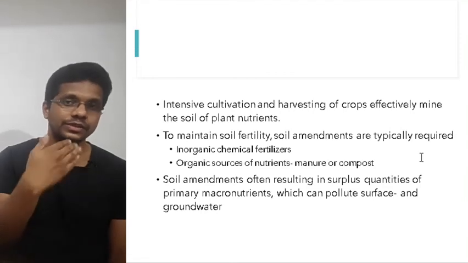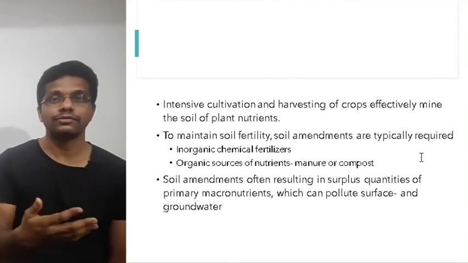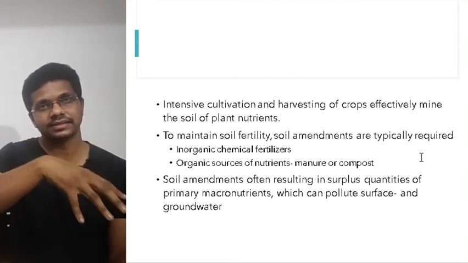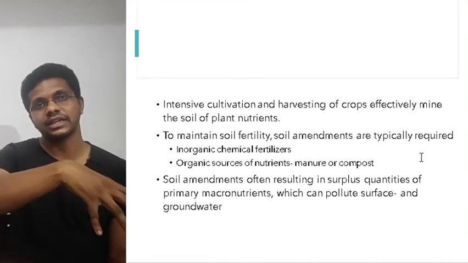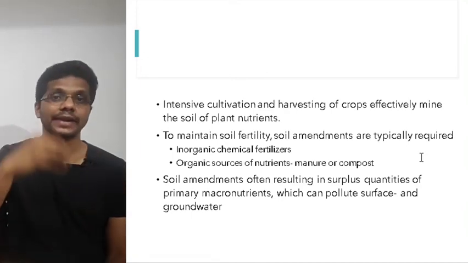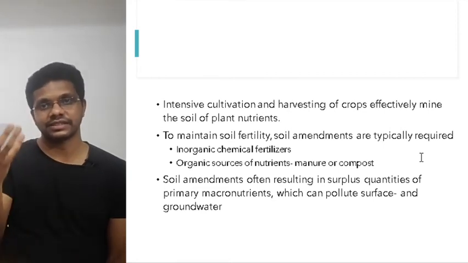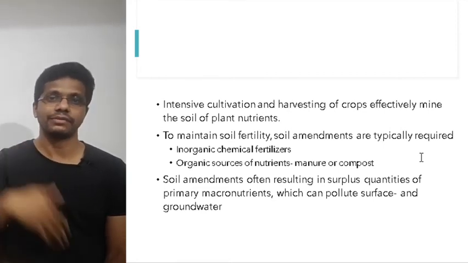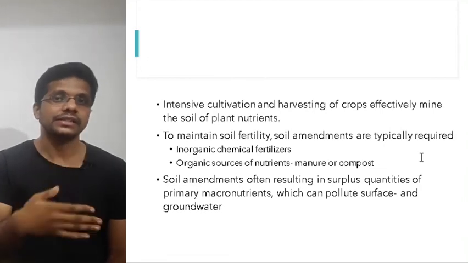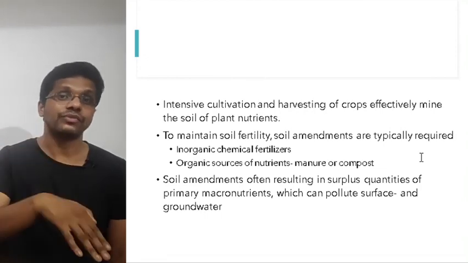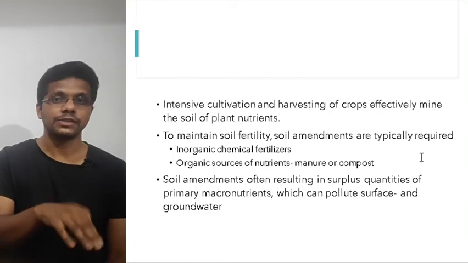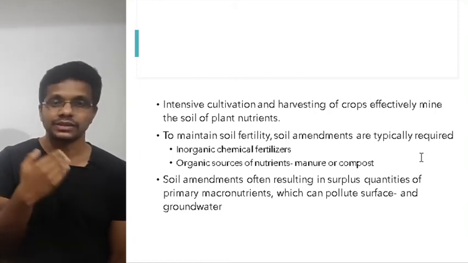When we are using a land again and again for agriculture, plants are taking all nutrients from the soil and using them for plant growth. After the plant growth, we harvest the products and transport them away from the soil. So repeated cultivation leads to the loss of fertility or loss of nutrients from the soil. To overcome that, we are using fertilizers.